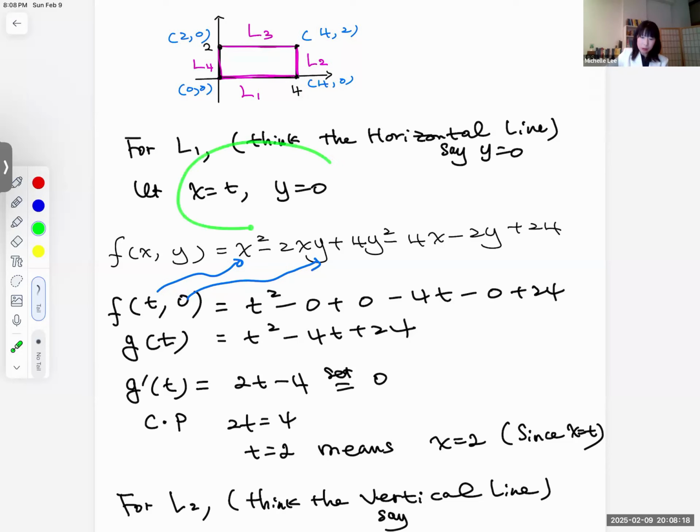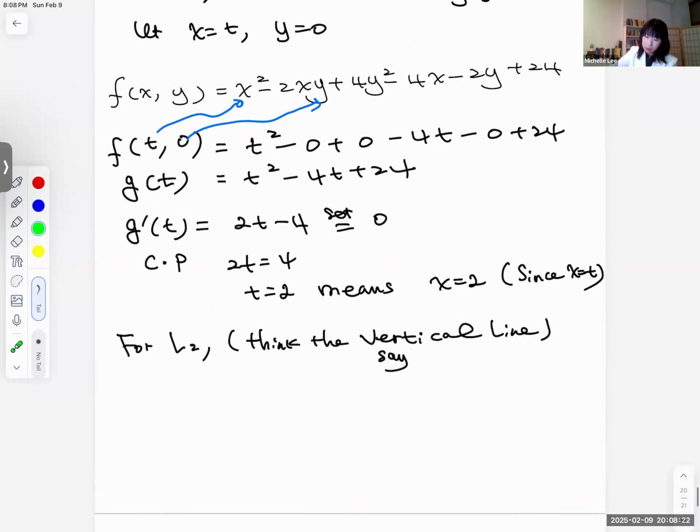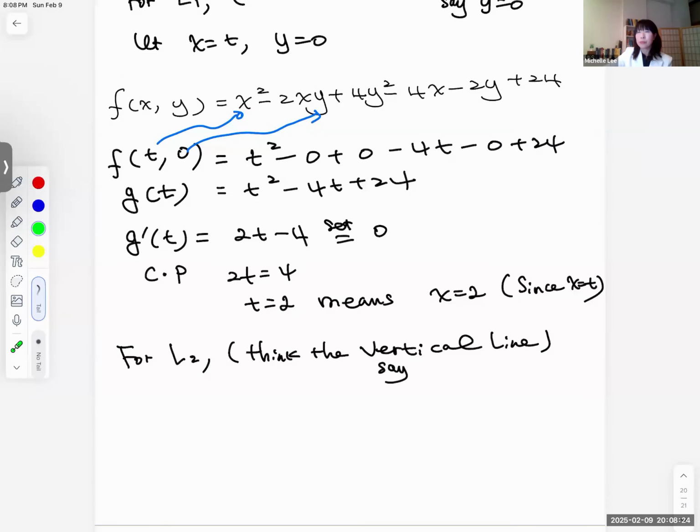This technique we're using, right? So x equal to 4, y equal to t.